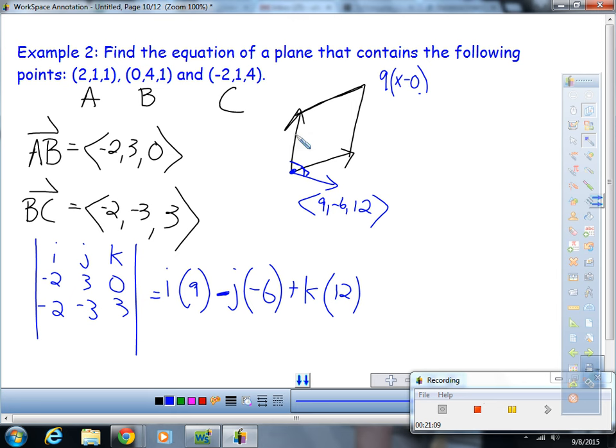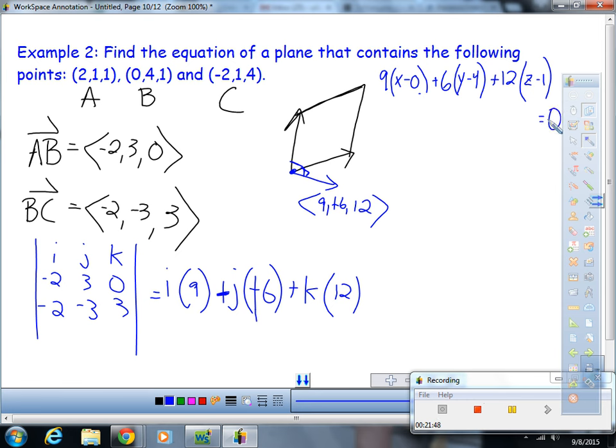So 9 times x minus 0 minus 6. Nope, that's going to turn into a positive 6, isn't it? Yes, yes, yes. Oh, that saves me a lot of time having to redo this video. Plus 6 times y minus 4, okay, plus 12 times z minus 1 equals 0. And that is your equation.